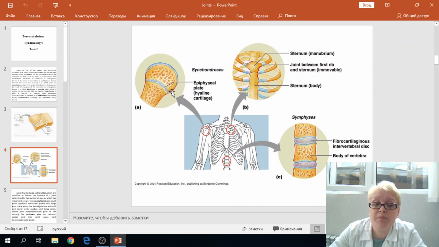Another example is the epiphyseal plate, which is present between the epiphysis and the diaphysis of a long tubular bone. It gives growth to the bone in the long direction, and this epiphyseal plate, formed by hyaline cartilage, remains in the long tubular bone also up to 20 years.